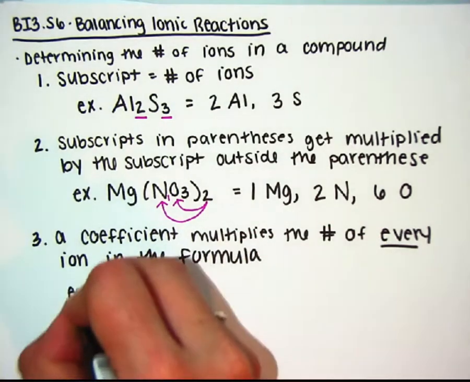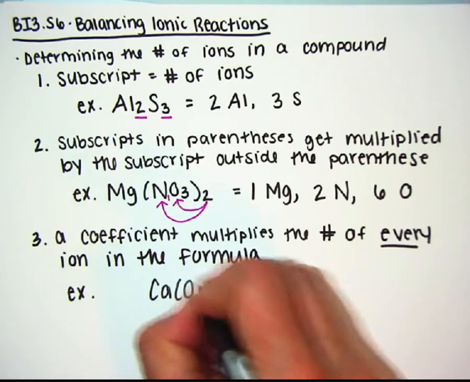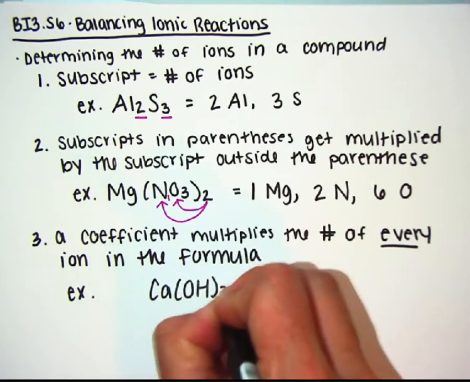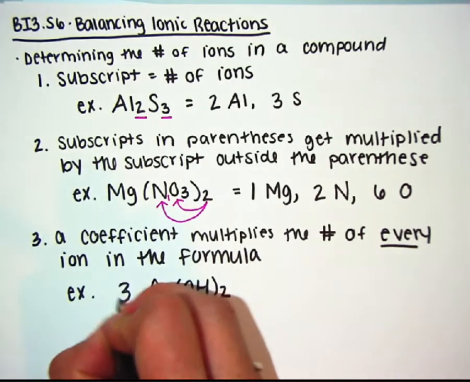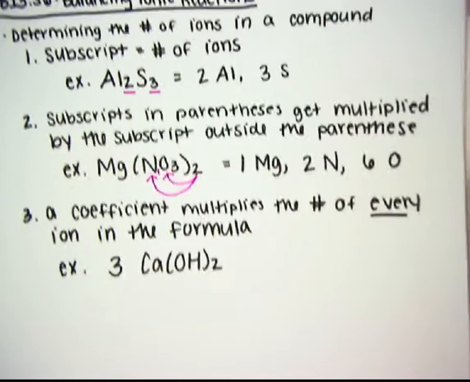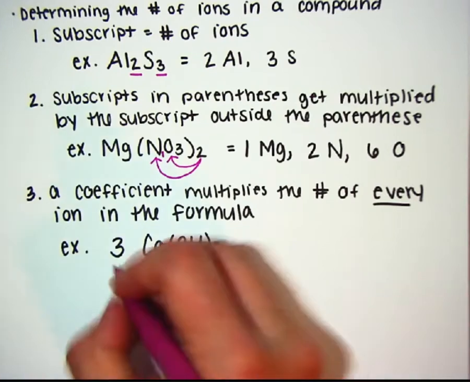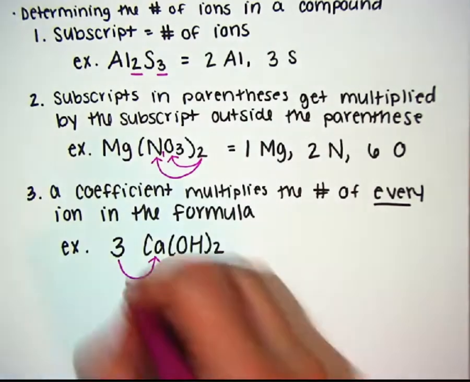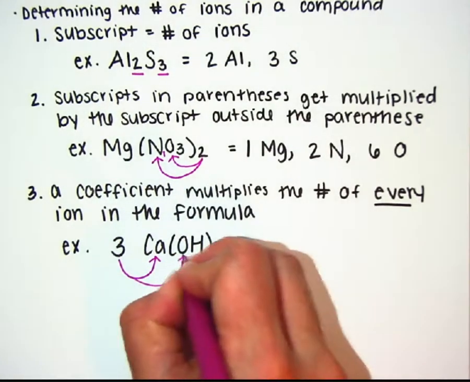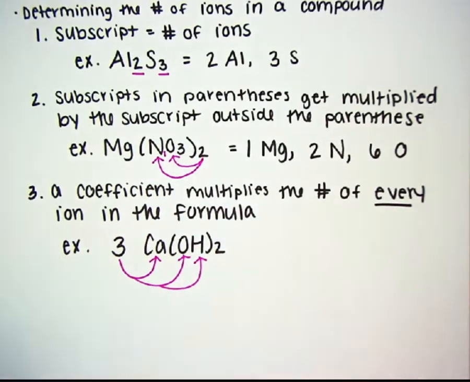So let's say my formula was calcium hydroxide. It might have a coefficient of 3 before it. When we go to count the number of atoms, this 3 is going to multiply every ion in the formula. It goes to calcium, it goes to oxygen, and it also goes to hydrogen.